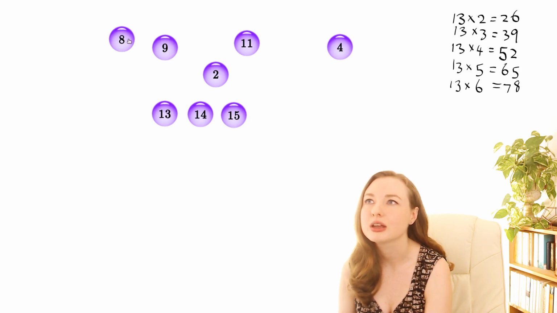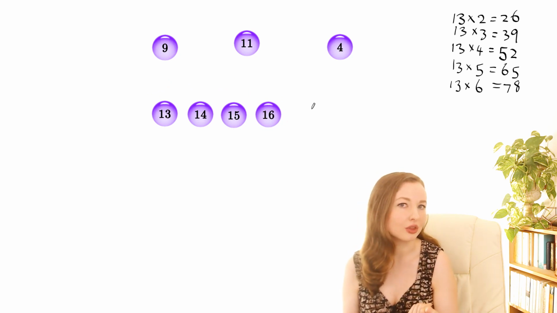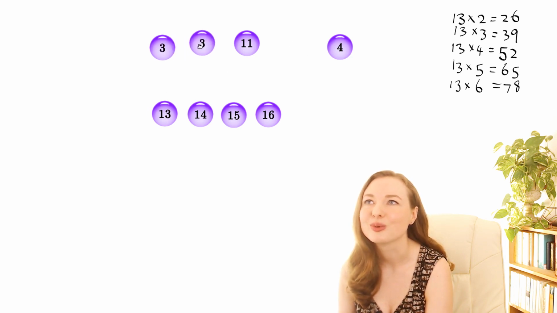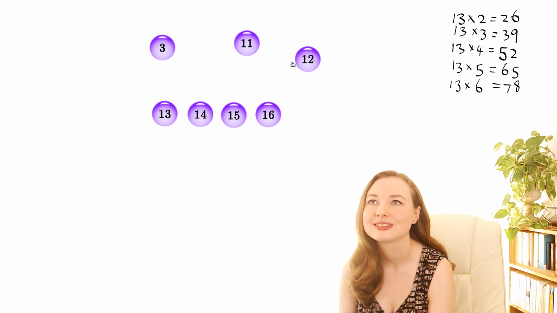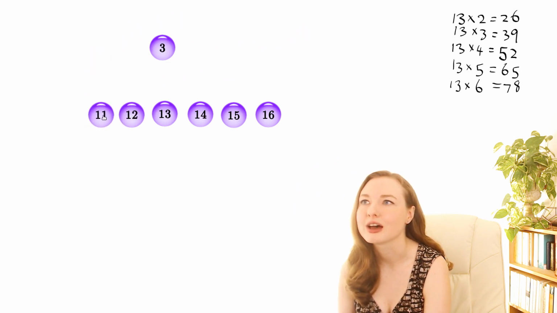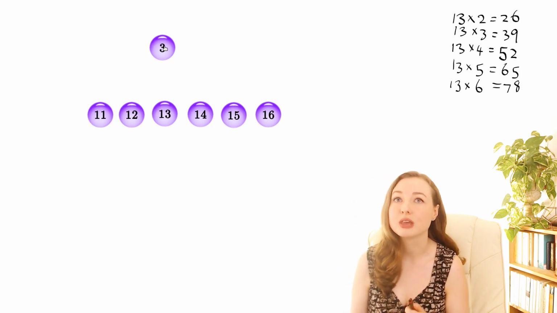And then we could have 16 there. I can't make 17 though because that's a prime. So we're going to have to go back and make 12 again. So I'll pull apart that 12, and then we've got no option but to have 11 there. And then we've got this 3 left over. So we can't do it that way.